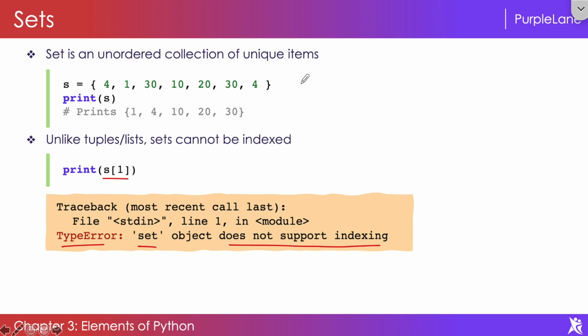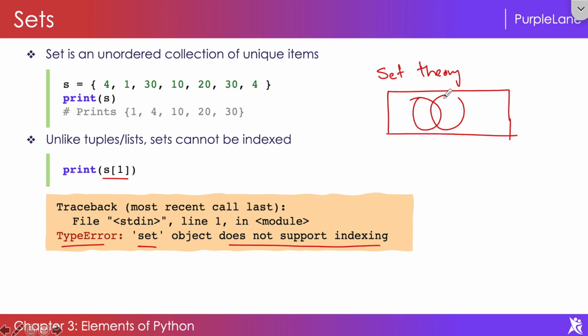One interesting thing here is that these sets are nothing but the mathematical representation of sets. We have learnt about set theory in mathematics during our high school. If you remember, we used to draw Venn diagrams like this and find union and intersection, right?